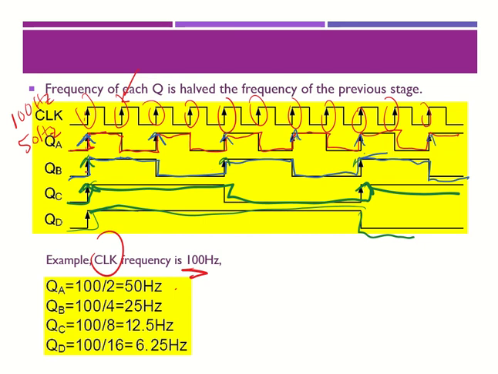Now you are changing another half of it, 6 to become 3. So this one is 50. 50 divided by 2 is 25 hertz. 25 hertz divided by 2, you're going to have 12.5 hertz, and 12.5 hertz divided by 2 will have 6.25 hertz. So that's why we call it a divider. You always divide the clock by 2 for each flip-flop.